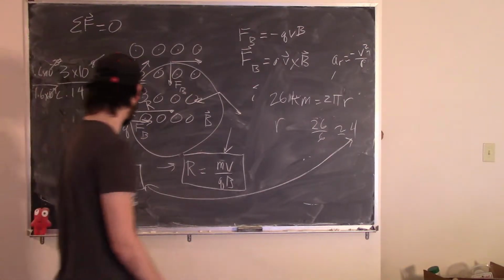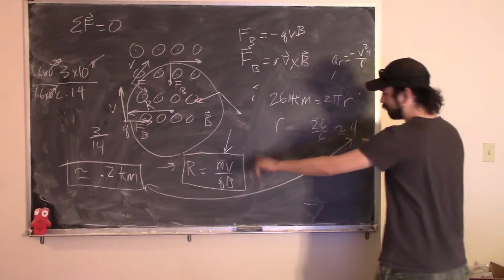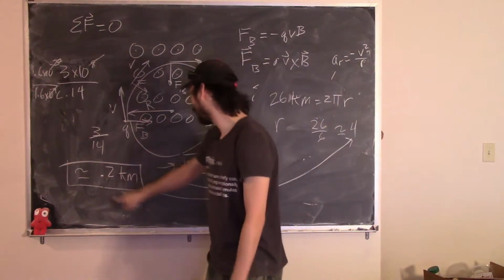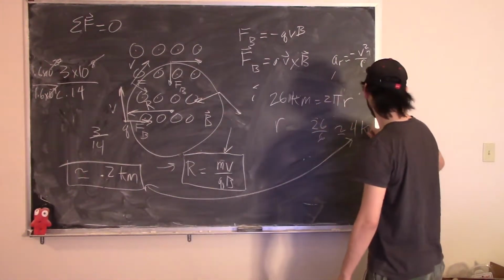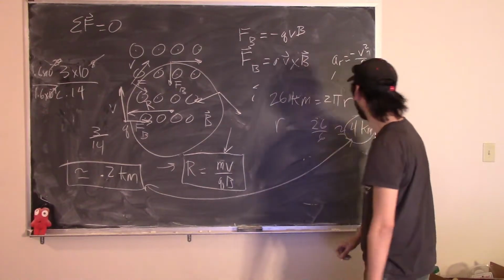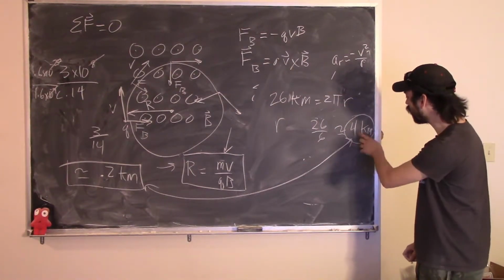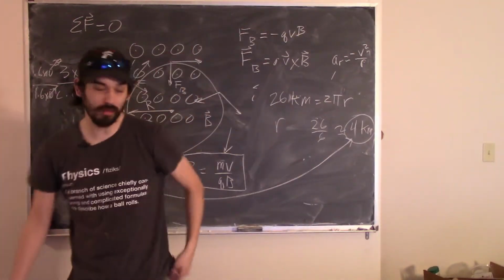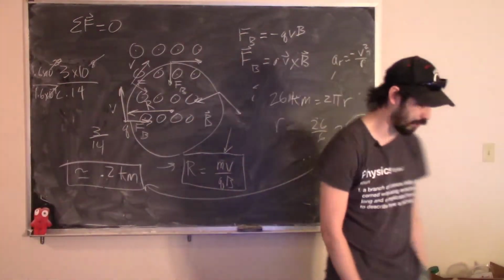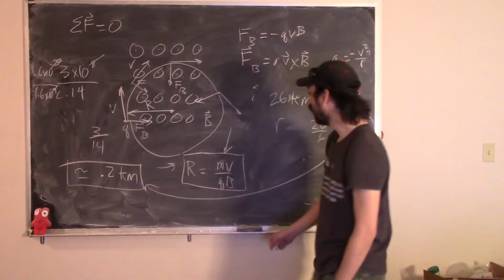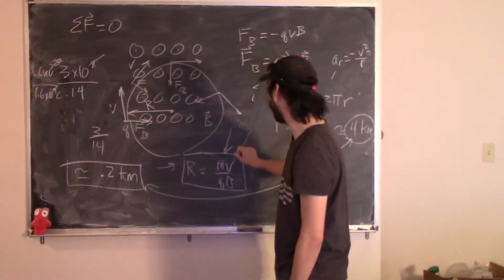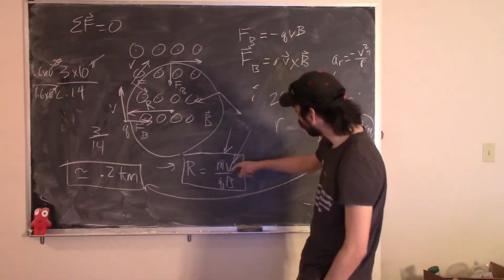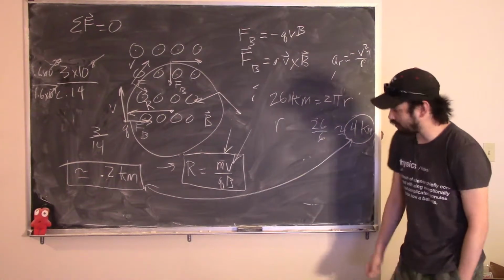And you see actually that we're off by a factor of 50. It should be about 4 kilometers, and I'm finding that it's about 0.2 kilometers using our classical approximation. Part of the reason for that is you're accelerating a massive particle very close to the speed of light.